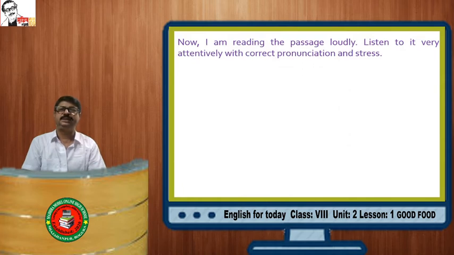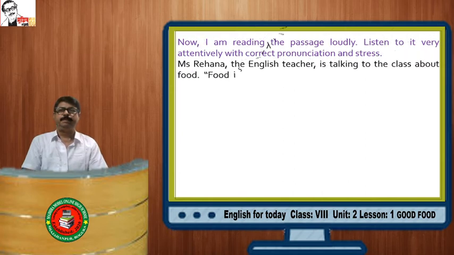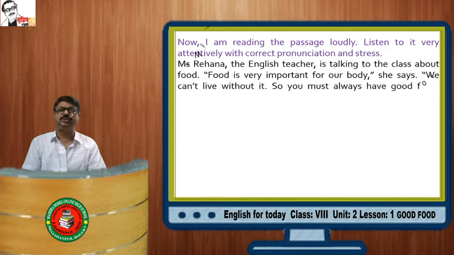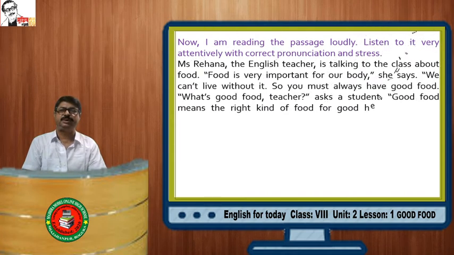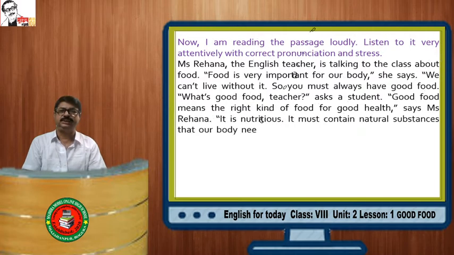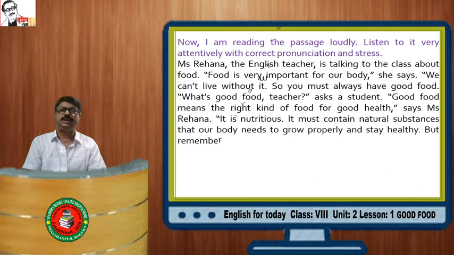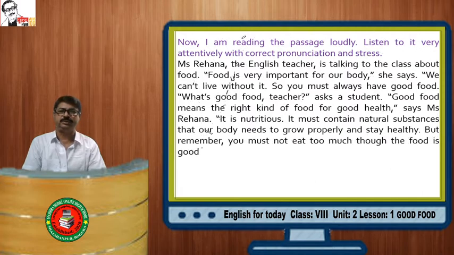Now, I am reading the passage loudly. Listen to it very attentively with correct pronunciation and stress. Miss Rehanna, the English teacher, is talking to the class about food. Food is very important for our body. She says we can't live without it, so you must always have good food.